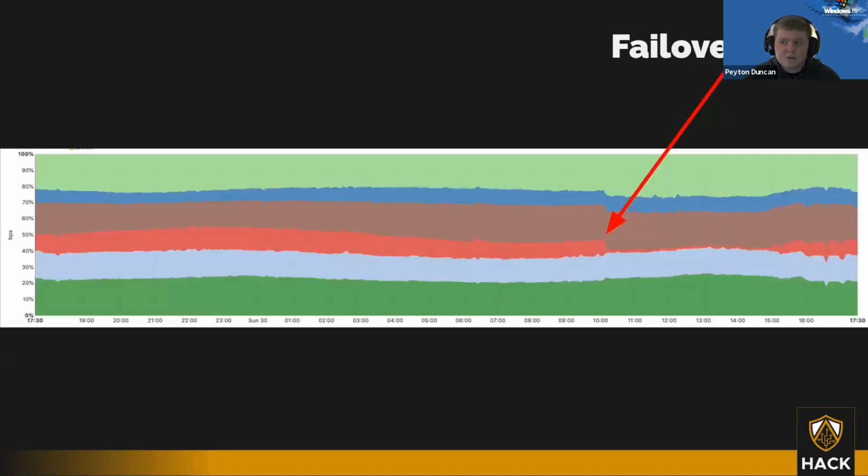However, CenturyLink had an outage. When CenturyLink had their outage, Cloudflare failed over. This graph from 0 to 100 is all of their traffic. That red, the same red as the arrow, is the amount of traffic that was going through CenturyLink's network.